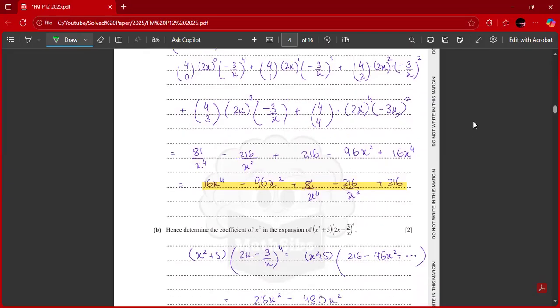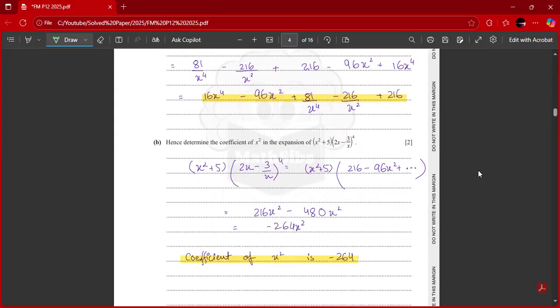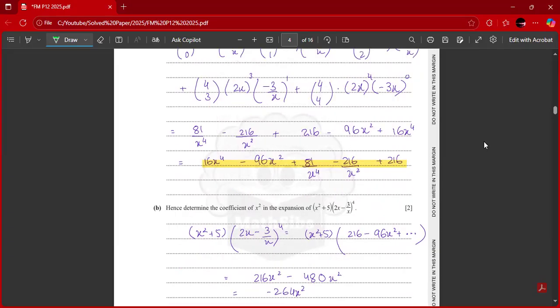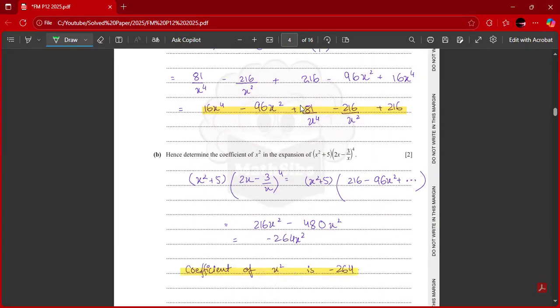Now, the next question is a little good one. They're asking us to determine the coefficient of x squared in an expansion in which x squared plus 5 is multiplied with our previous expansion. If I see this expansion here, and we're supposed to multiply with this, and find the coefficient of x squared, that means that all the terms that I get after multiplying should be in the power of x squared and the others can be ignored.